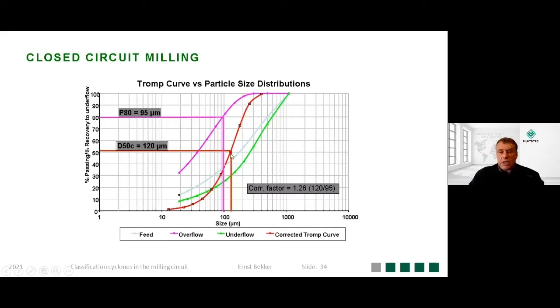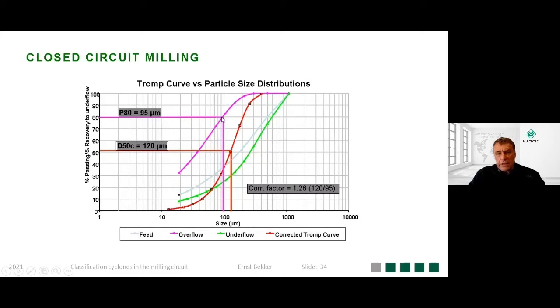The red line is the partition curve that was used to generate the overflow and underflow. So in a mill circuit, we've got that P80 value leaving the circuit, the grind of the circuit. That is the overflow size distribution P80 reference point.